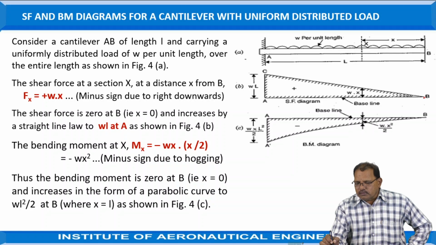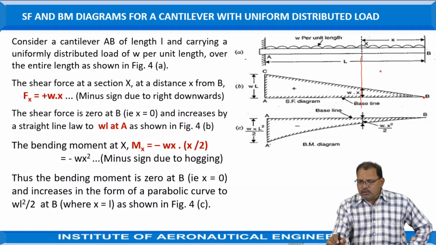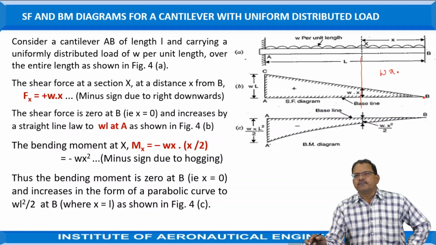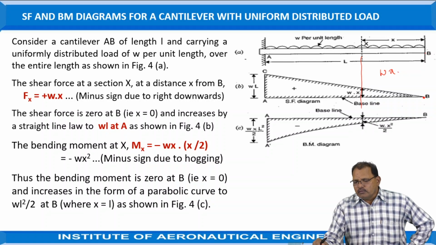For this beam, at any position, the shear force is equal to the unbalanced force, which is W into x. That means when we are moving from B to A, the magnitude of shear force acting on the beam varies with x only.